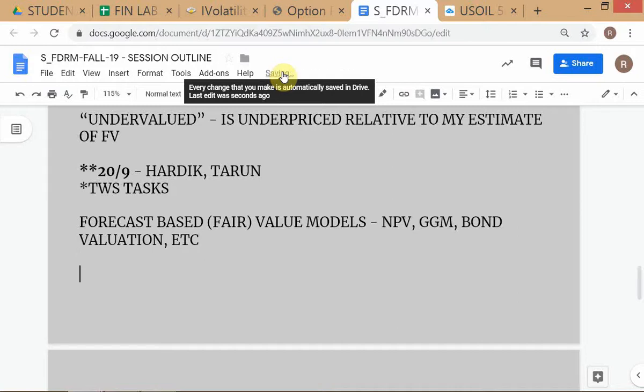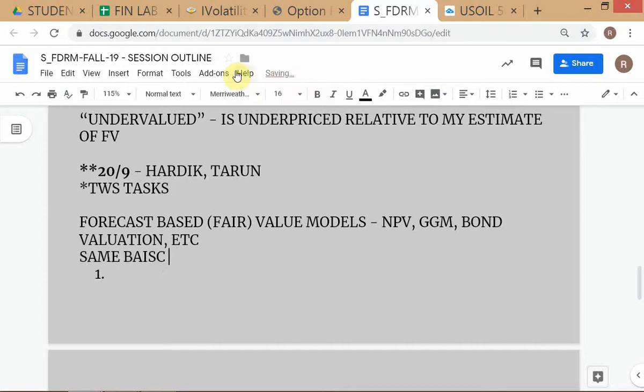If you look at the steps, they have the same basic structure. So if you're doing a forecast based fair value model, it has the same basic structure.